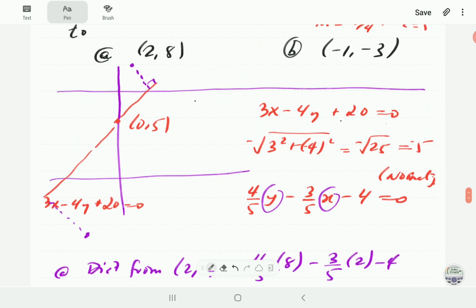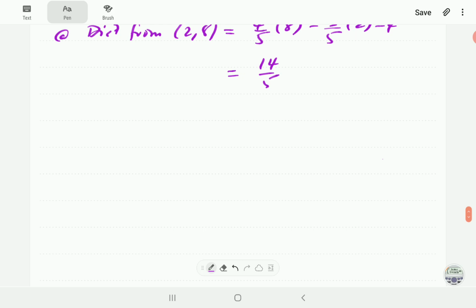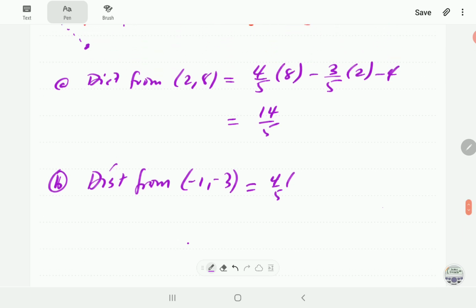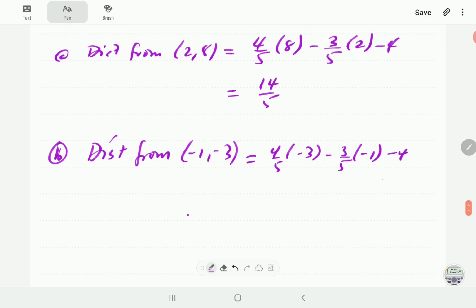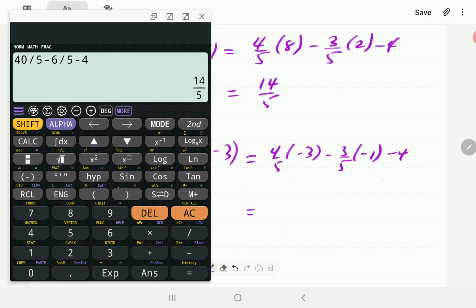This time we're going to substitute minus 1, minus 3. So the distance from minus 1, minus 3 is going to be 4 over 5 times minus 3, minus 3 over 5 times minus 1, minus 4. So this time we're going to have minus 12 plus 3, which is minus 9.